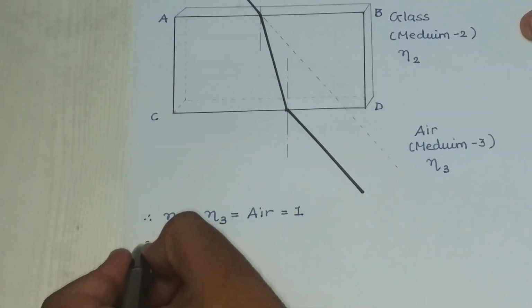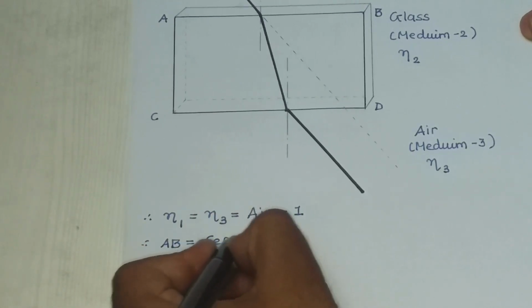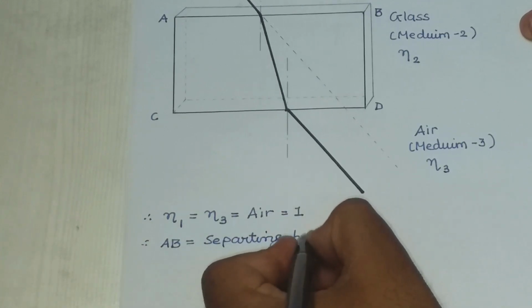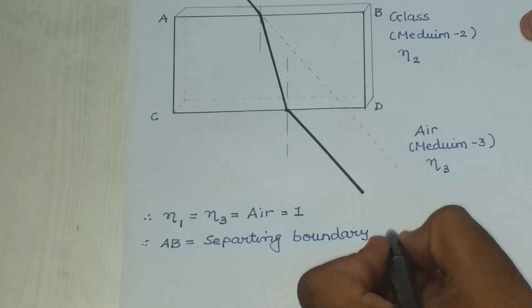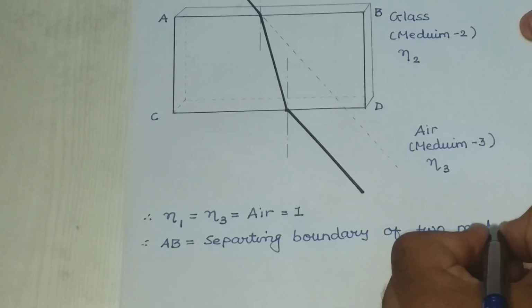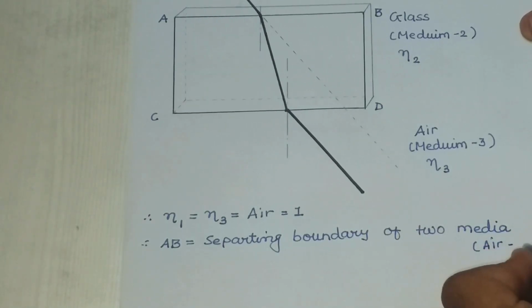Now AB is a separating boundary of two media. It means here air and glass.